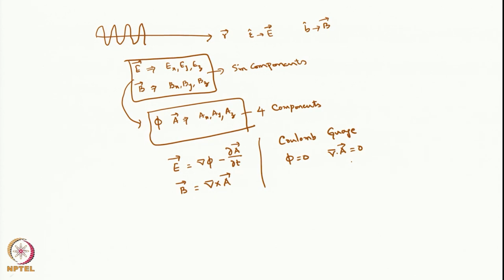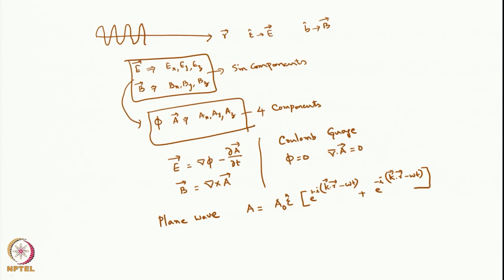Now, in plane wave notation, A is given as A naught, pointing in the same direction as the electric field, into e to the power of minus i (k dot r minus omega t), plus e to the power of i (k dot r minus omega t).